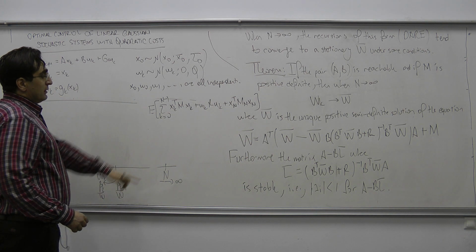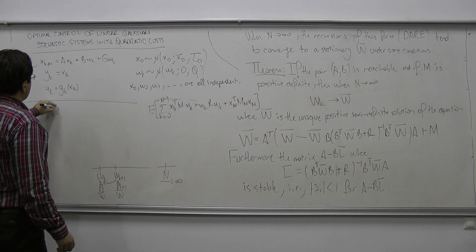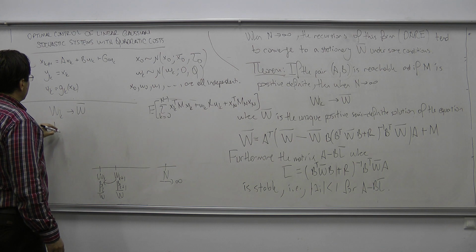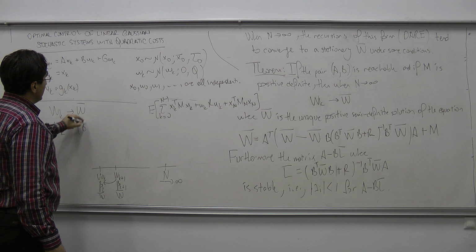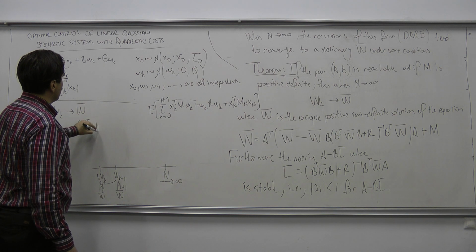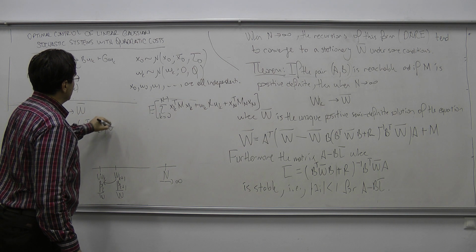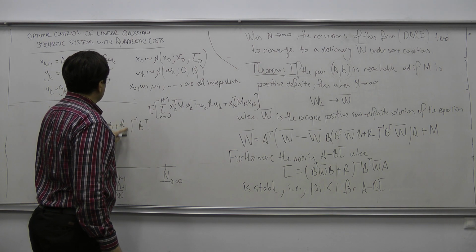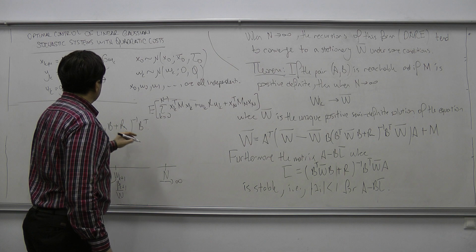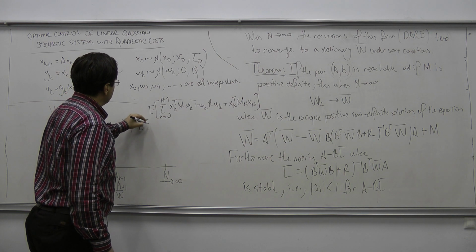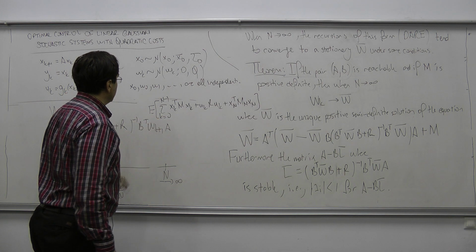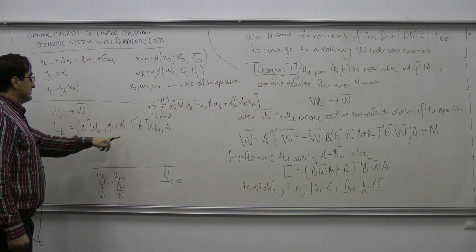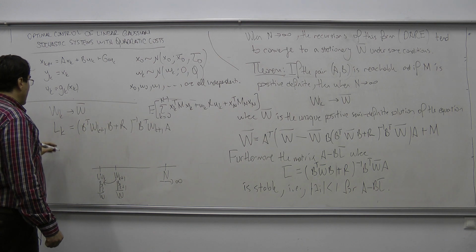So here, if this WK converges to this W bar, then our LK, which was given by this formula, B transpose times WK plus 1 times B plus RK inverse times B transpose, there is no K dependence on R now, and I would have WK plus 1 A. If WK converges to W bar, then LK converges to L bar.